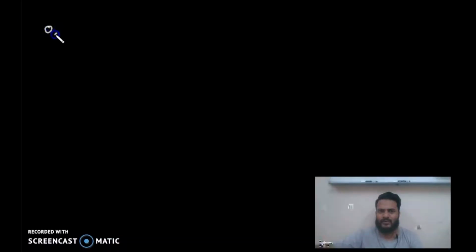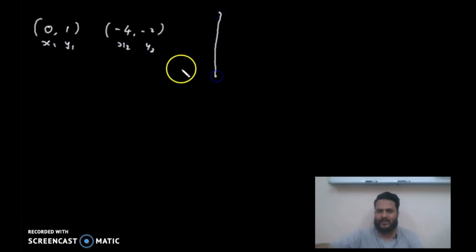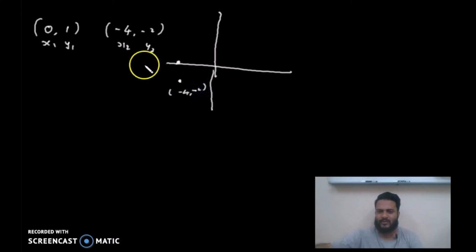Okay, find the distance between (0, 1) and (minus 4, minus 2). Call these points x1, y1 and x2, y2. If it is in a graph, this becomes minus 4, minus 2, and this is 0, 1, which means x-axis 0 and y-axis 1. Join these two.